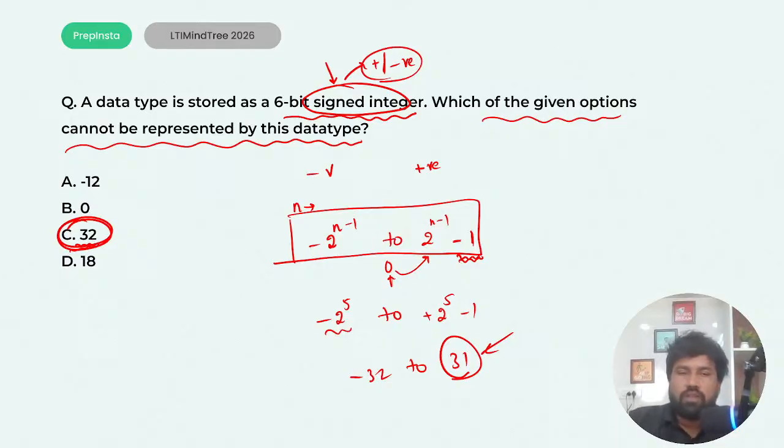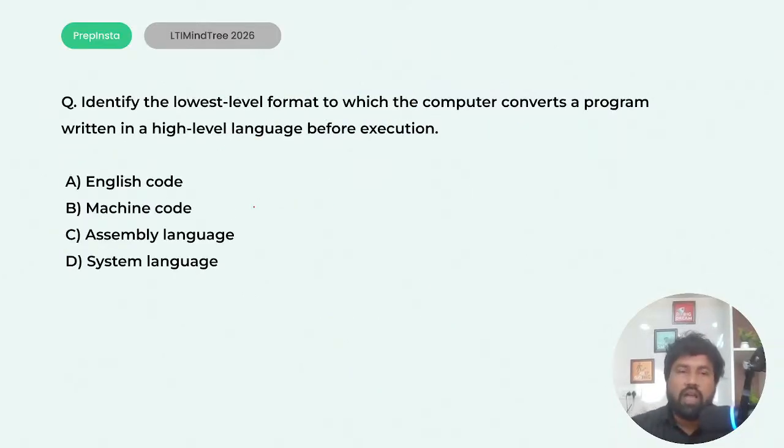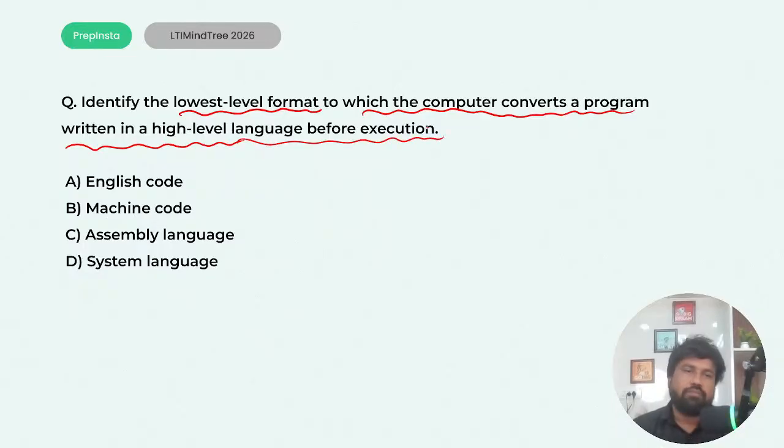Okay. Next. Identify the lowest level format to which the computer converts a program written in a high-level language before execution. Now tell me in the chat, guys, what is your answer?